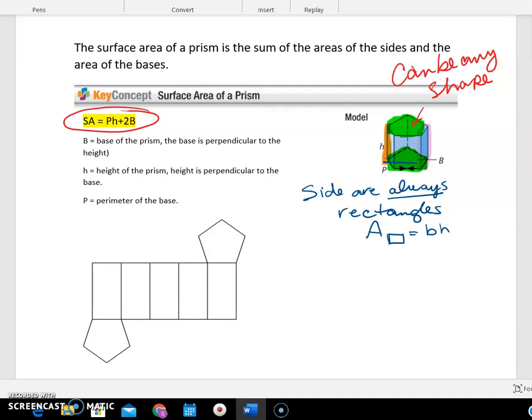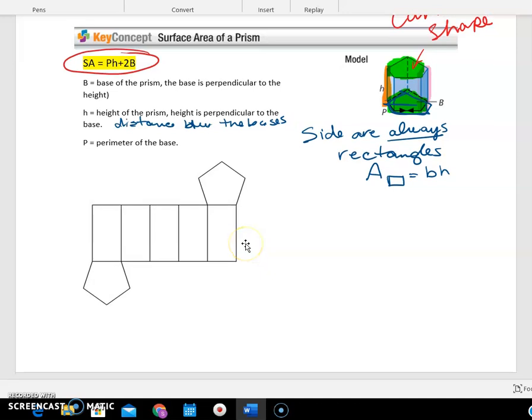The H is the height of the whole prism, so it's the distance between the two bases. And then P is the perimeter of the base. We're just going to walk ourselves all the way around the base to find that value.